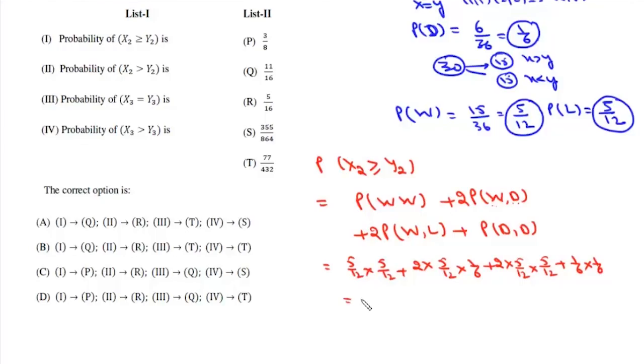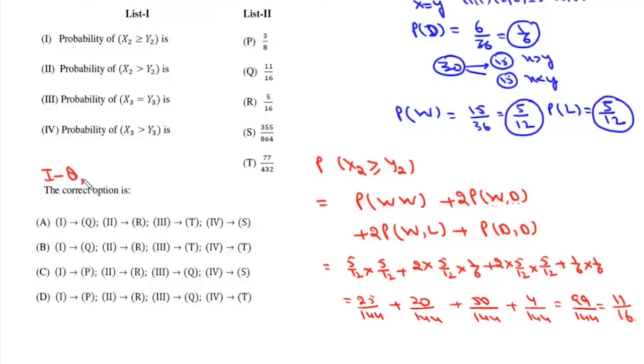Now this is 25 by 144, this is 20 by 144, this is 50 by 144 and 4 by 144. Now this is 99 upon 144, which is 11 upon 16. That means this first one matches with Q.